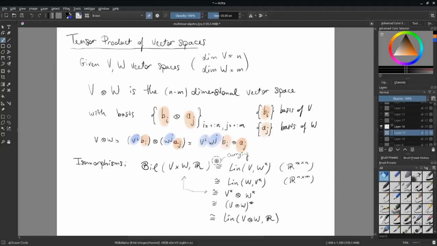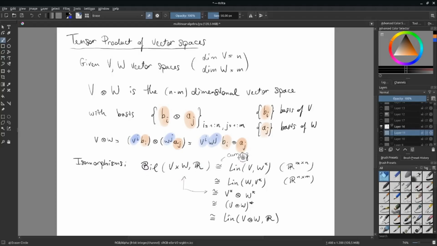Notice that I have two indices, and you can be tempted to say that when I have something with two indices, that's almost the same as a matrix. And this goes a little bit further. If I take my space of bilinear forms from V cross W, so this is just the space of functions that take one argument from each and are linear in each, this is a bilinear form.